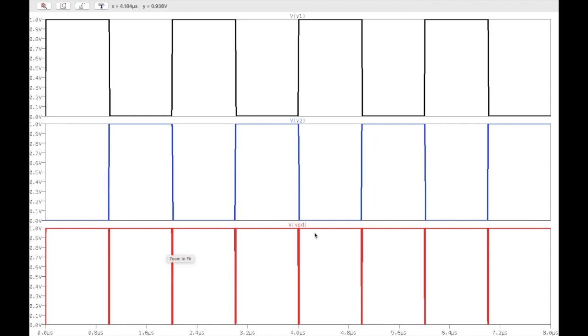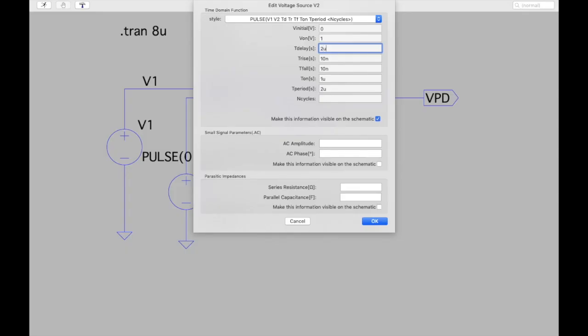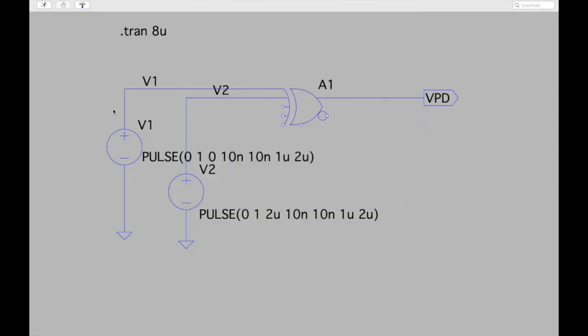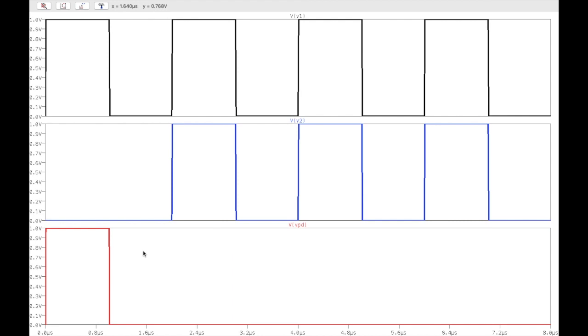The average value of this PD is very high, and it's almost staying 1, because you can see that the difference between these two is pi. Okay, and of course as I keep on increasing the delay and make it 2u delay, one waveform is delayed by 2u. So you can see that, of course here this is the initial point, so there was no waveform, but you can see here it's almost 0. Okay, yeah.